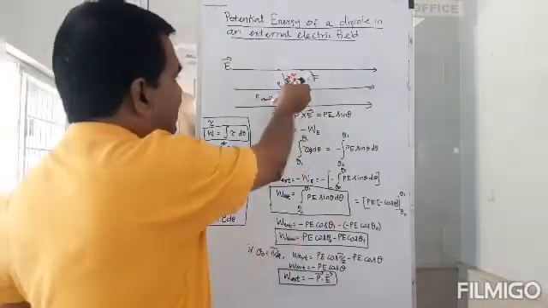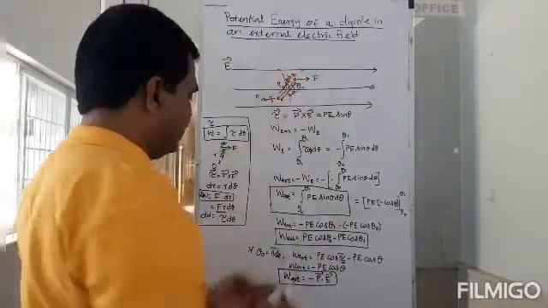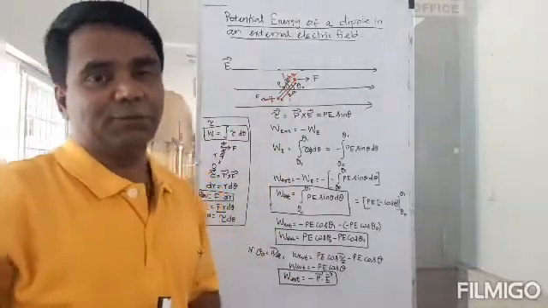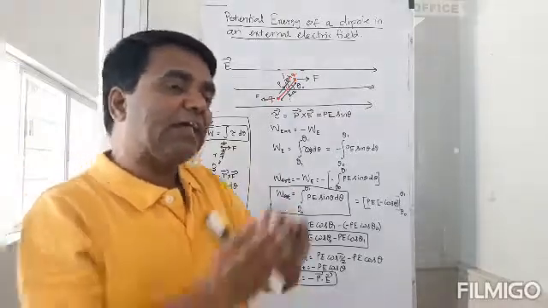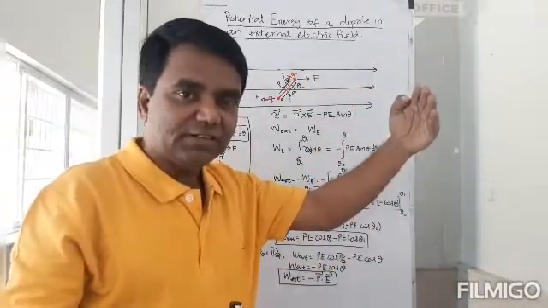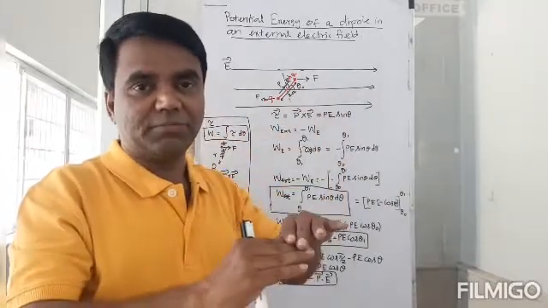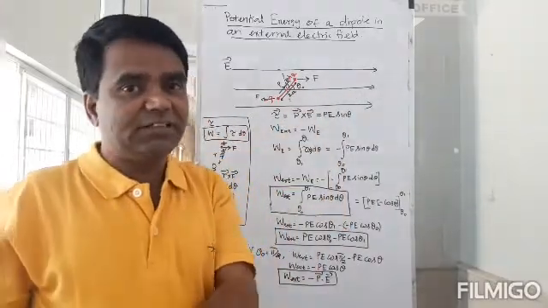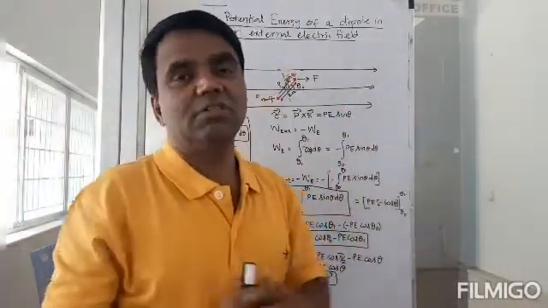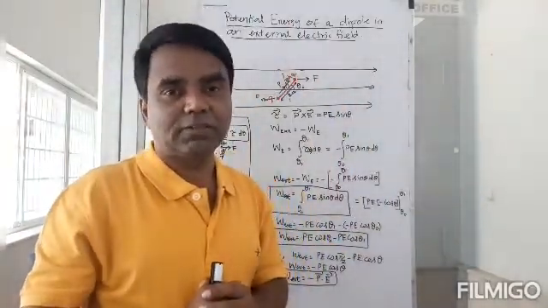So for any single angle, I can have a potential energy value. And when I move from one angle to the other angle, I will take the final angle potential energy, and subtract from it the initial angle potential energy, then I have the potential energy difference. It is so simple.